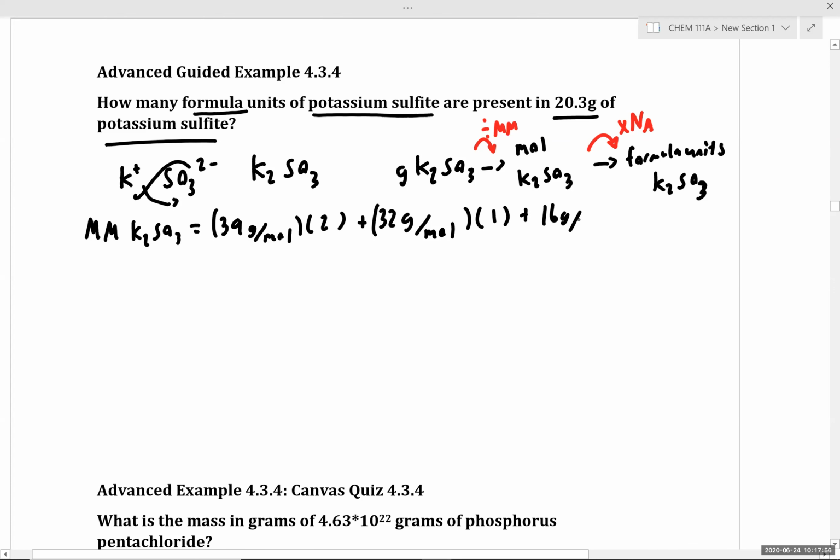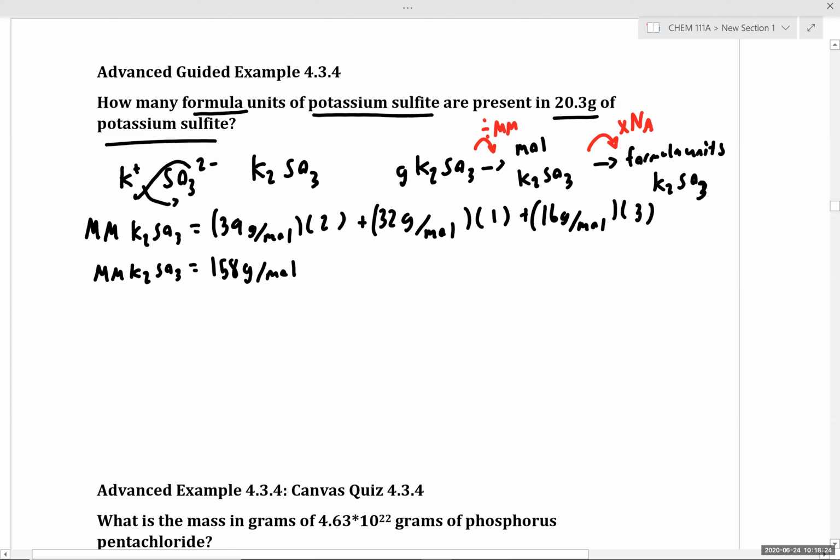And oxygen has 16 grams per mole as its molar mass, and we have 3 oxygen atoms. So for our molar mass of potassium sulfite, let's punch that into our calculator. We get a molar mass of 158 gram per mole.